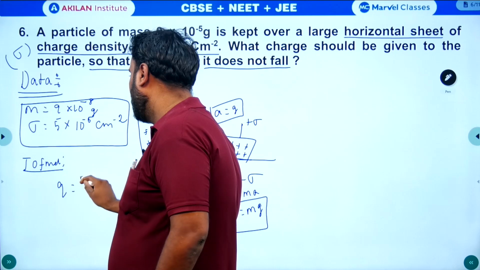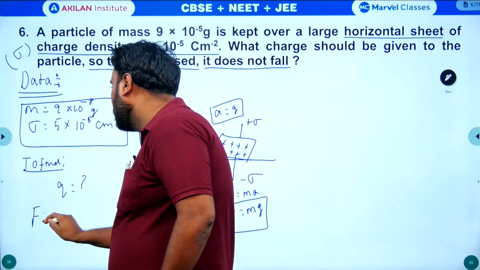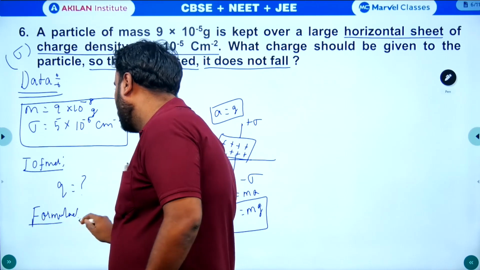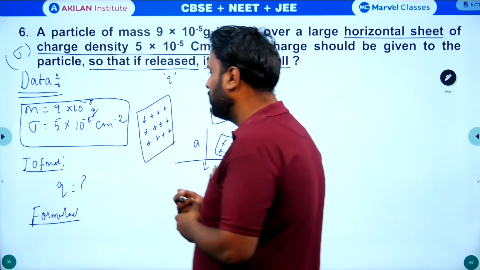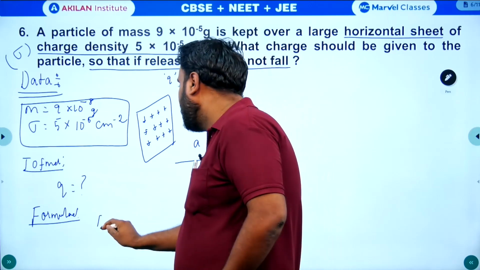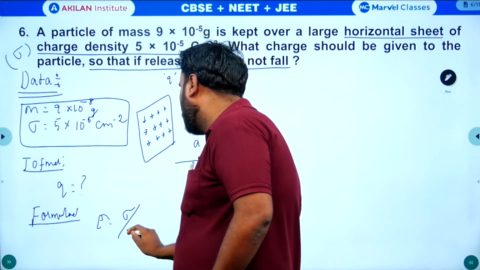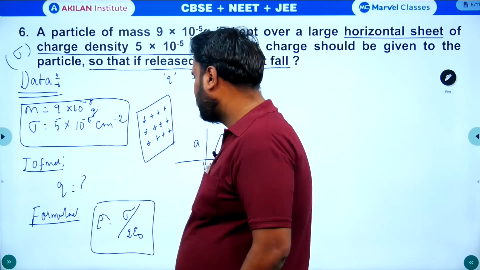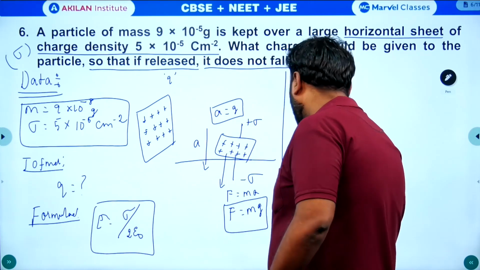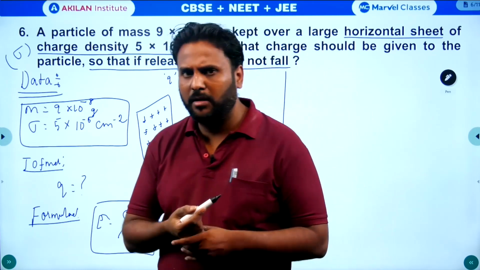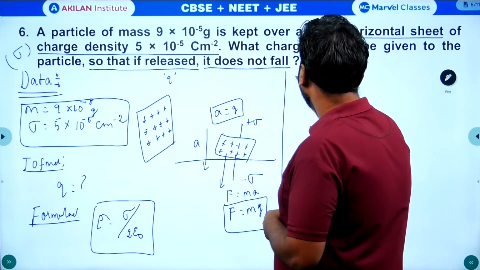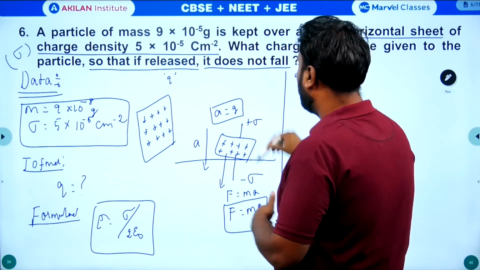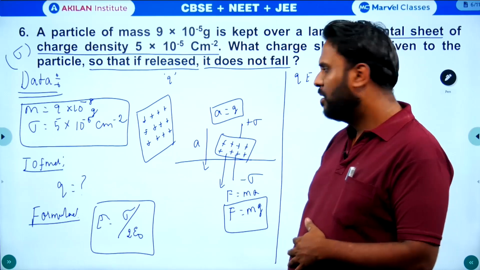What is the formula for this one? For electric field, we know only one formula: E equal to sigma by 2 epsilon naught. This is the electric field formula. How are we going to equate this into a normal formula? QE equal to mg, because the force is exerted downward, so mg.